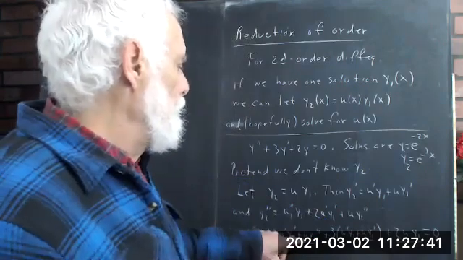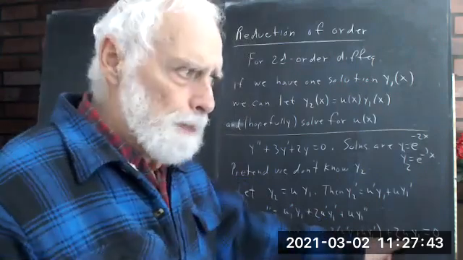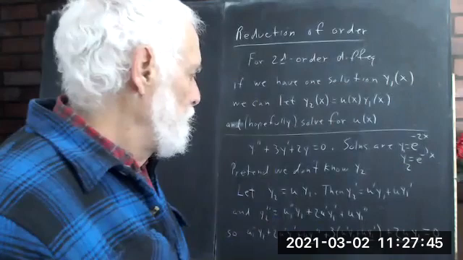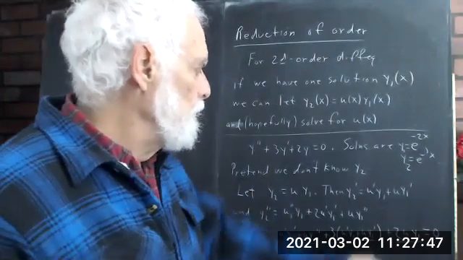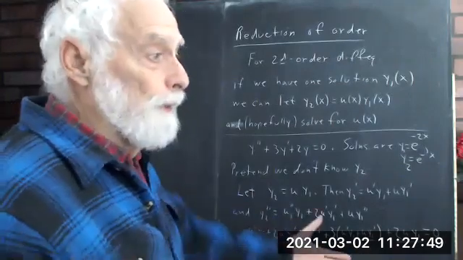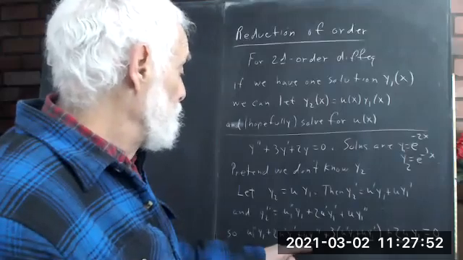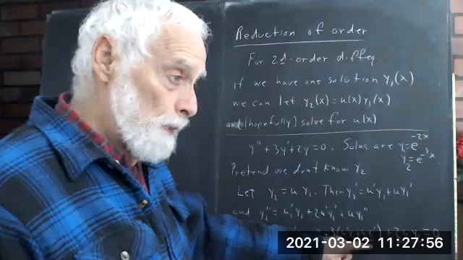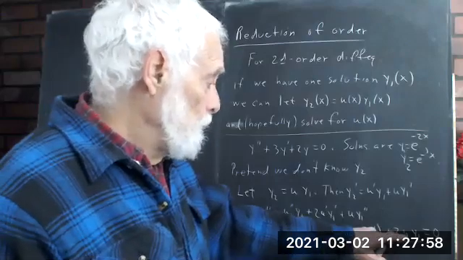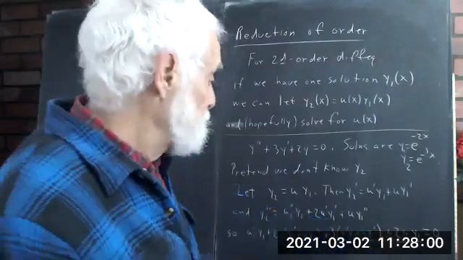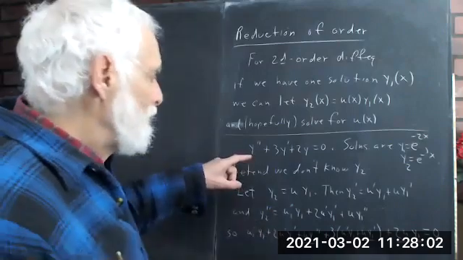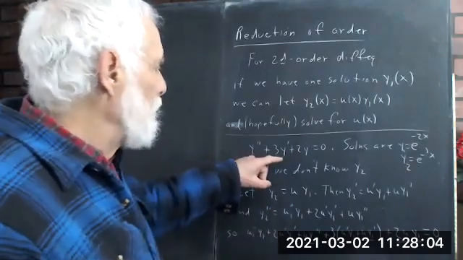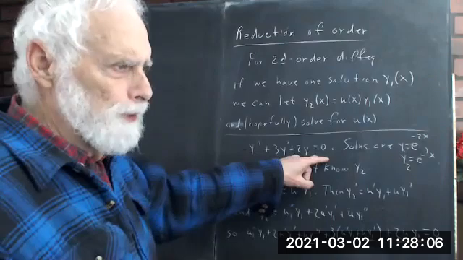Notice that you can then factor u out of the expressions that you get. And if you've got a good eye, you can see that what you get after you factor out u is y1 double prime plus 3y1 prime plus 2y1. Well, y1 double prime plus 3y prime plus 2y is 0.